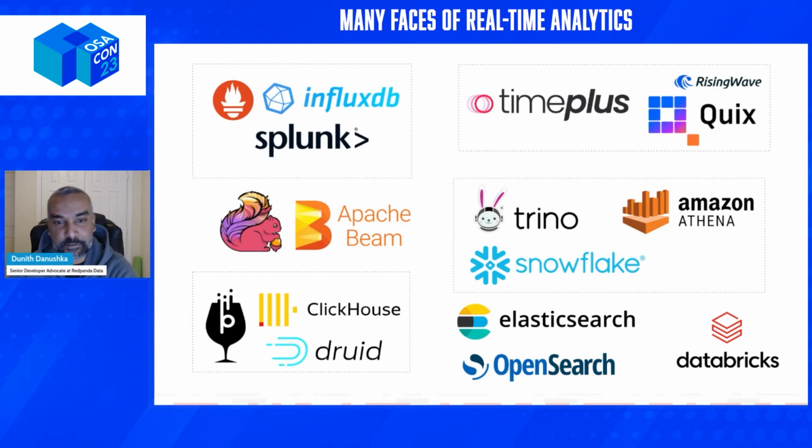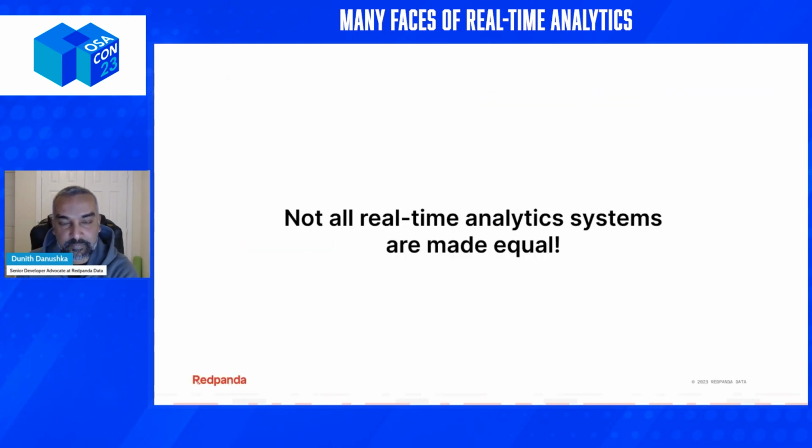For example, we have time series databases, and then we have real-time OLAP databases, stateful stream processors like Flink, and then we have data lakehouse platforms, query engines, full text engines, and new kids on the block, streaming databases as well. So there are a lot of choices. But the thing is, not all real-time analytics systems are designed to be equal. So there are subtle differences in the way they operate.